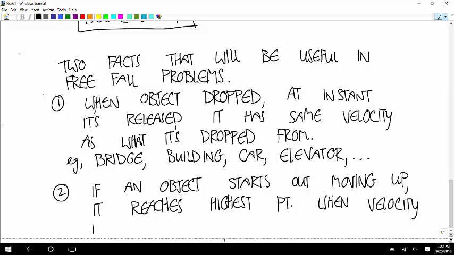So in any problems where it asks like how high something is at its highest point or whatever, the way you're going to find that is by setting its velocity equal to 0 and then solving for related variables. So let's do one like that.